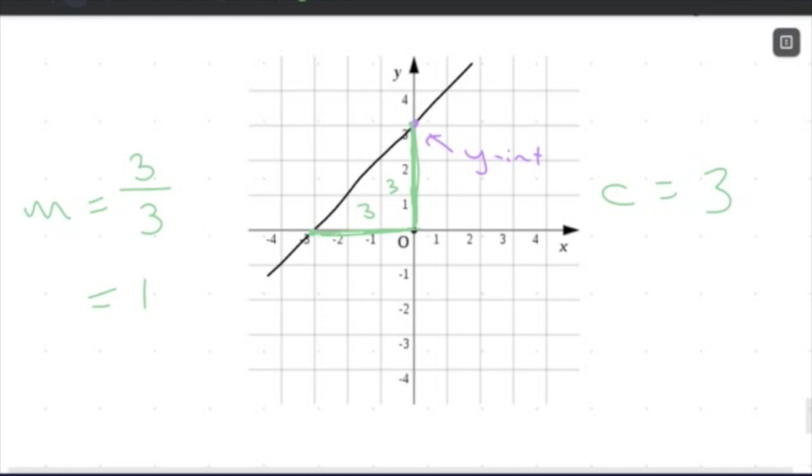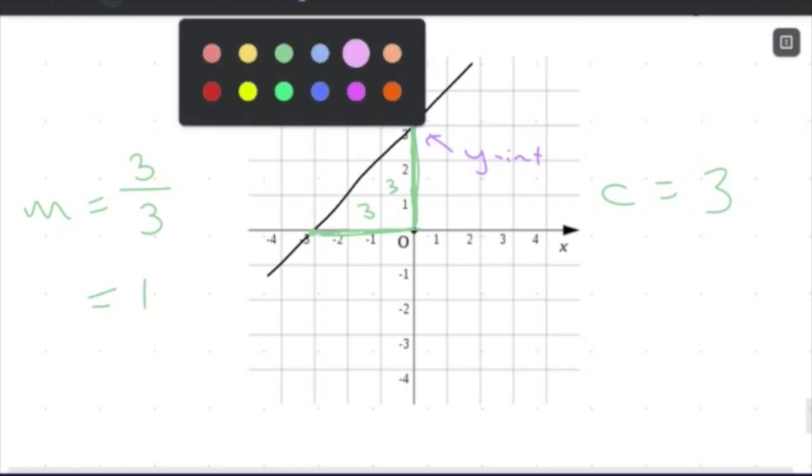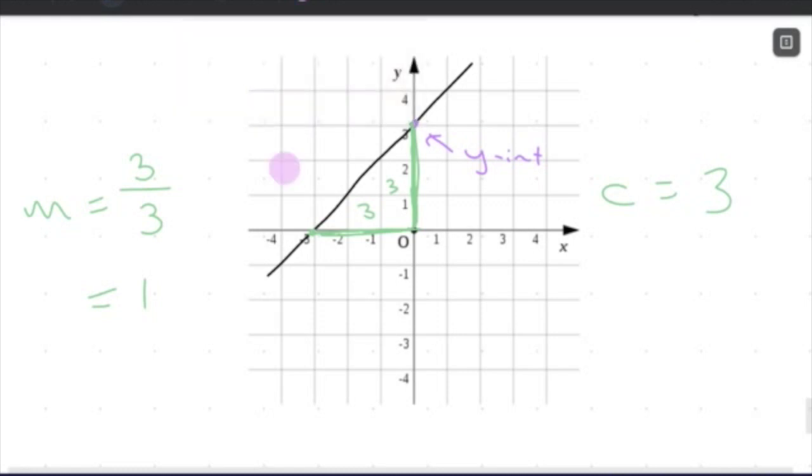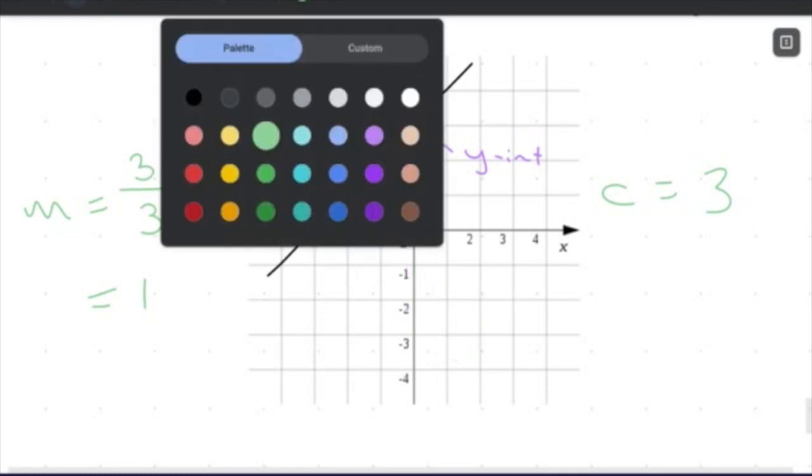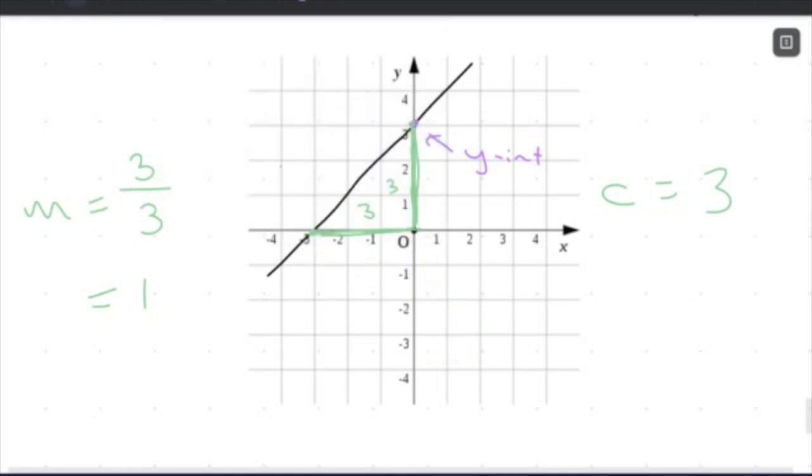Now, just an interesting point here. No matter how I drew any type of line, whether my line looked like this, or this, or this, or this, each of the y-intercepts on all of these lines, let's think about what the x value is.